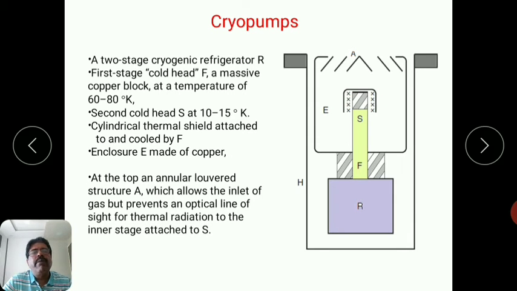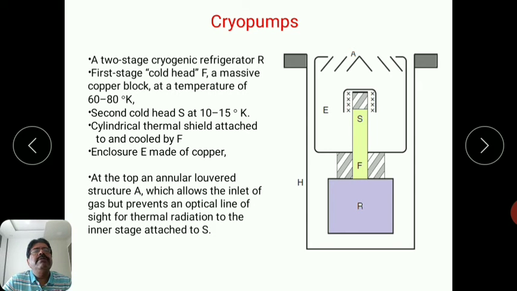It starts with the compression, then condensation, then the expansion valve, and the fourth one is the evaporator. So that is the cold cycle, the refrigeration cycle. Now the second cold head, S, is kept at a very low temperature of the order of 10 to 15 degrees Kelvin.